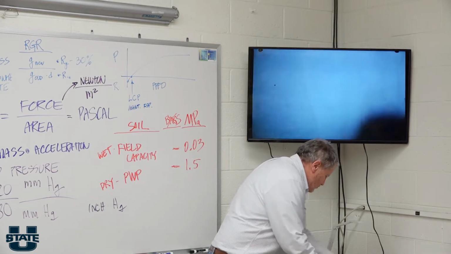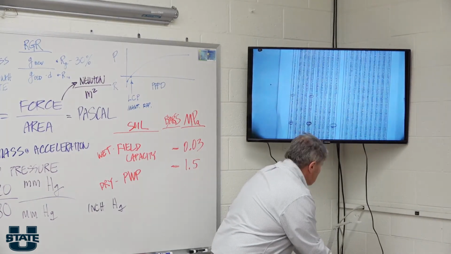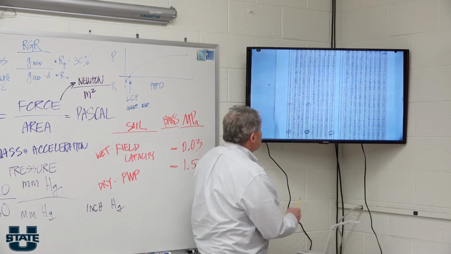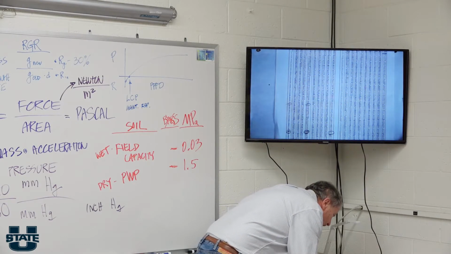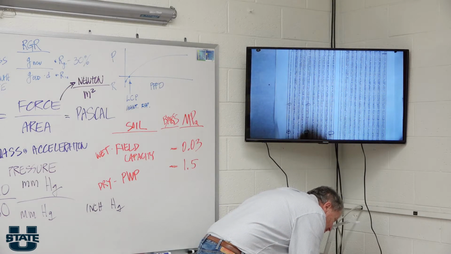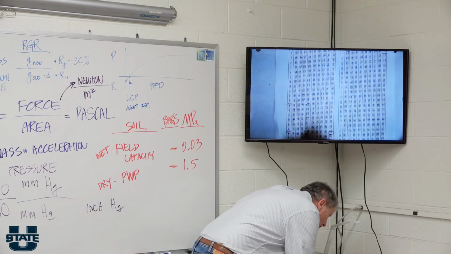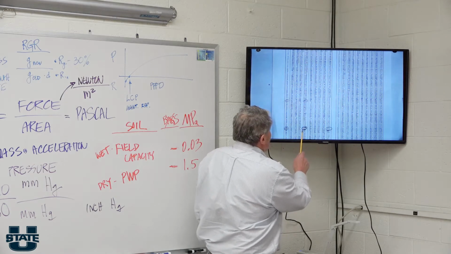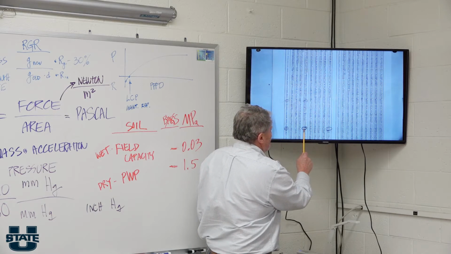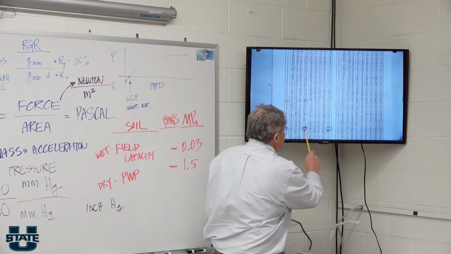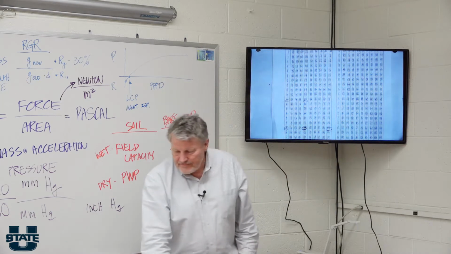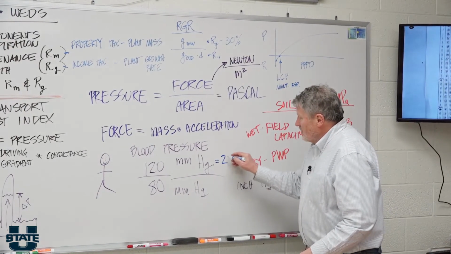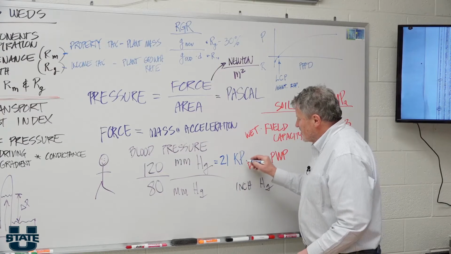So let me skip to this, and if we go down here, it's going to be too hard to see, 121 inches of mercury is, you've got to believe me that I read this chart right, 21 kilopascals.